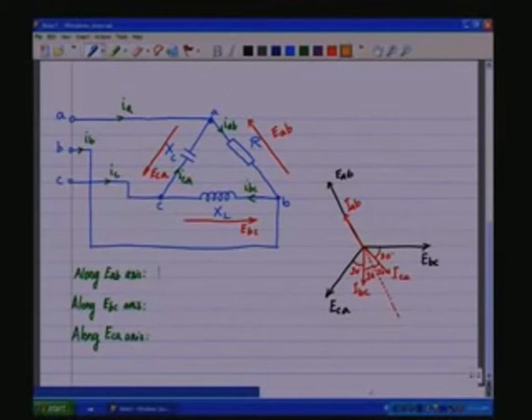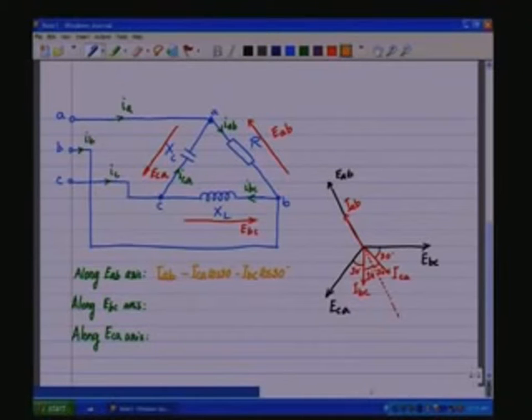So, that would be IAB, which is in the positive direction. Now, ICA cos 30 and IBC cos 30 are in the negative direction: minus ICA cos 30 degrees minus IBC cos 30 degrees, which are the projections on this axis. So, that would be the value of the current along the EAB axis.